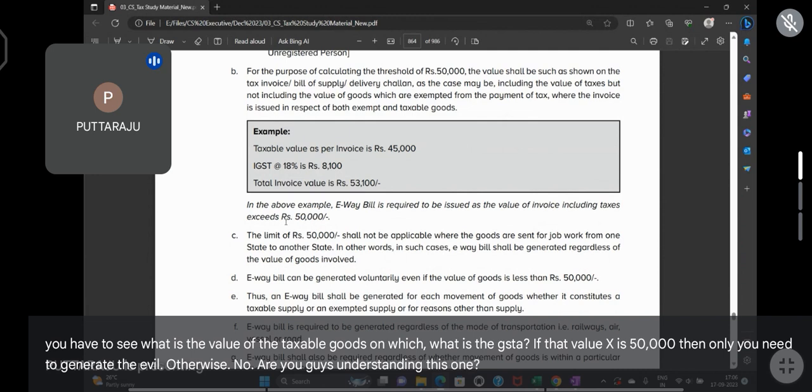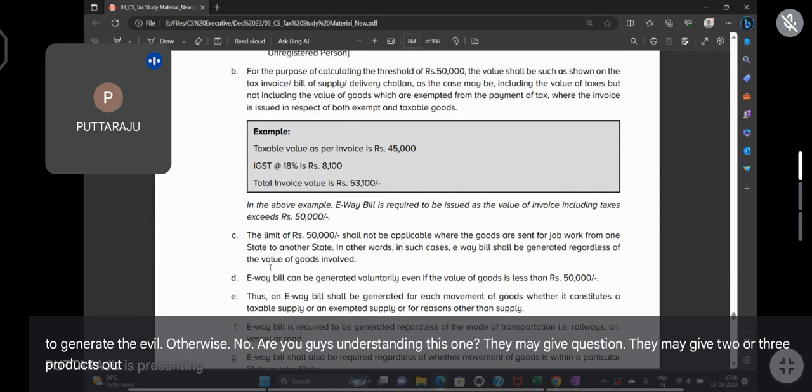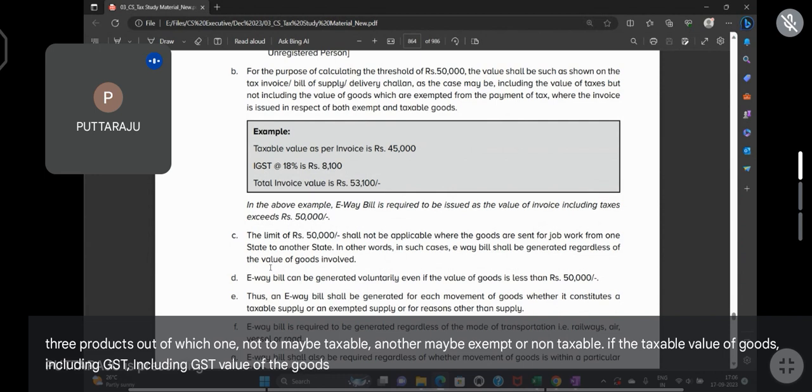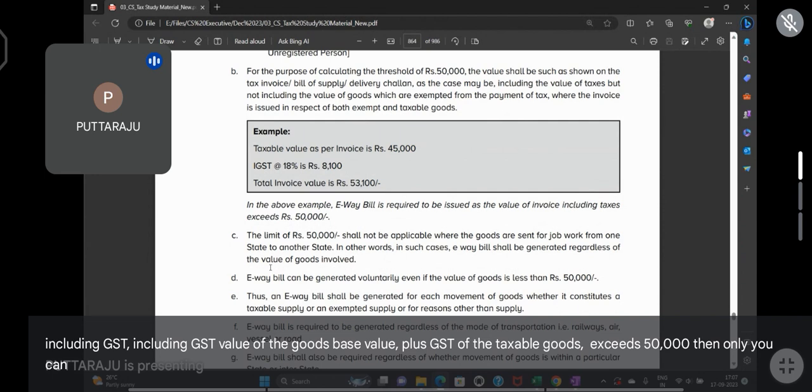This one they may give as a question. They may give 2 or 3 products, out of which 1 or 2 may be taxable, another may be exempt or non-taxable. If the taxable value of goods including GST, the base value plus GST of the taxable goods, exceeds 50,000, then only you should generate the e-way bill.